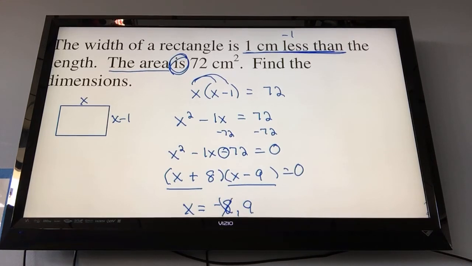Negative 8. And why do we eliminate it? Because you can't have a negative measure. Plug those back in. X is 9. 9 minus 1 is 8. And again, we can label, or we can put it right onto the picture.